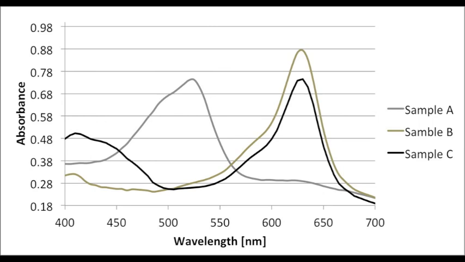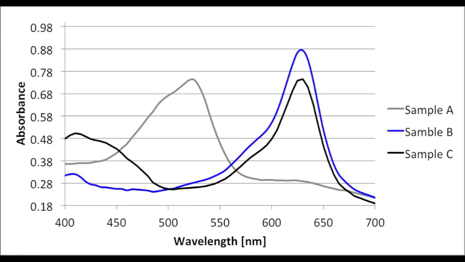However, this is an absorbance spectrum, which means these are the colors that are being absorbed. So we are going to see every color but red. For this reason, sample B, the brown curve, is going to be not red but blue, the furthest color away from red, because we're absorbing the red light.